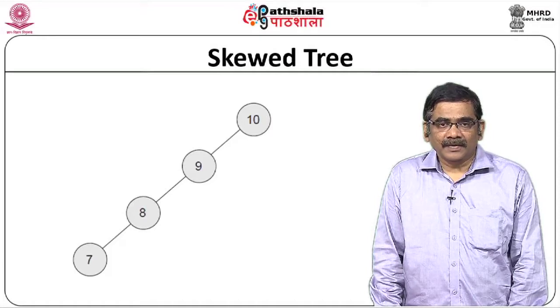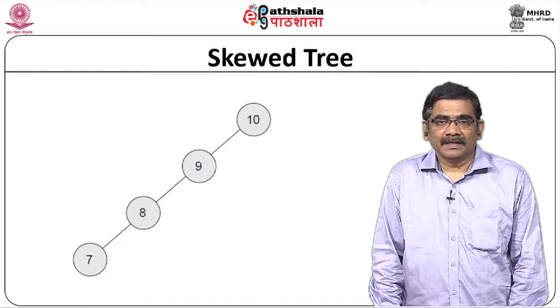There is nothing wrong with this particular tree, but it is skewed towards the left. In other words, this tree is not a balanced one. Therefore, to avoid this, there is a necessity to balance the tree.